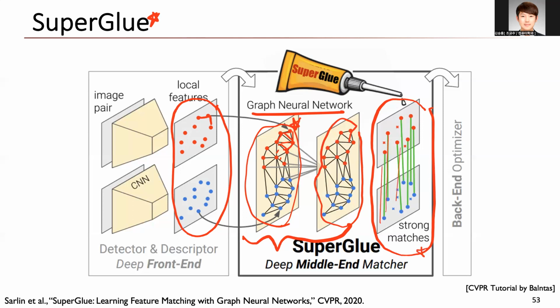Then we achieve consistent matches. Consistent means if this one matches to this one, the nearby pixels should not match elsewhere in general, because in natural images the matches should be consistent, right? So by using the loss function, we can train the graph neural network to optimize the initial graph model.